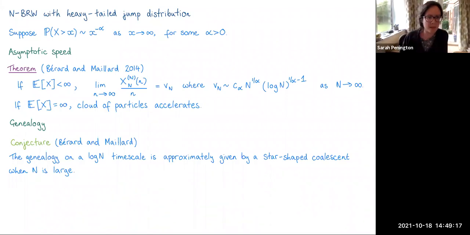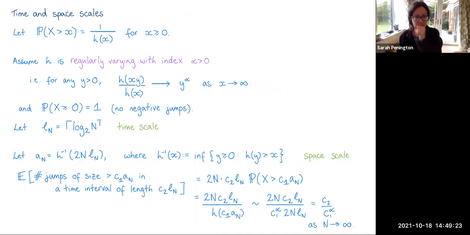Okay, so I'll show you the conditions for our main result. We're going to assume that the probability that our jump distribution capital X is bigger than x is equal to, well, we'll define h of x so that this is equal to 1 over h of x for non-negative x. And we're going to assume that h is a regularly varying function with some positive index alpha.